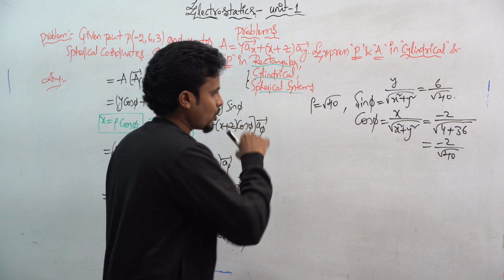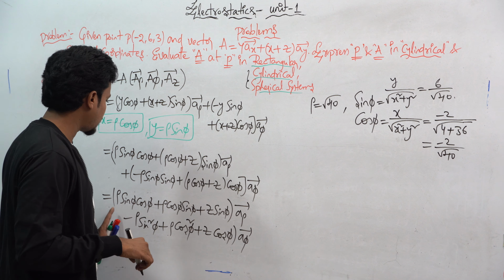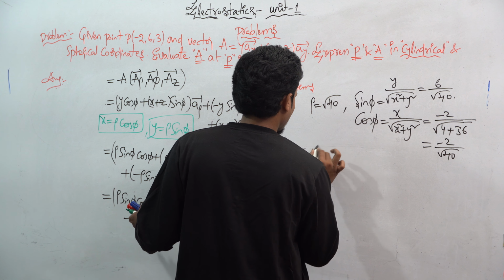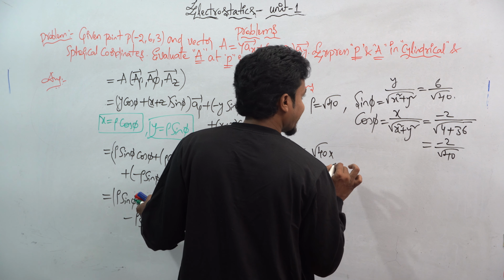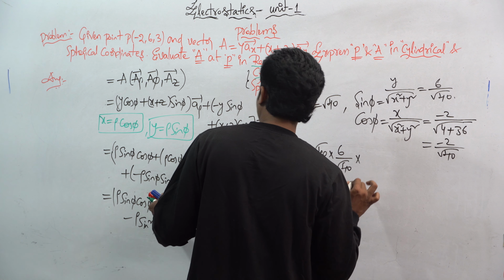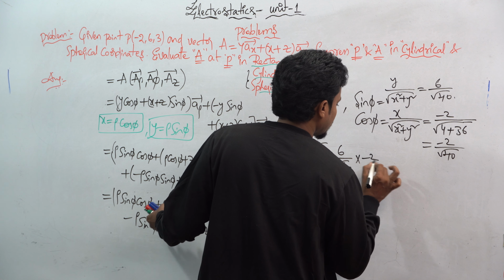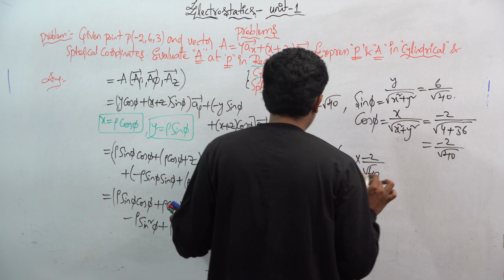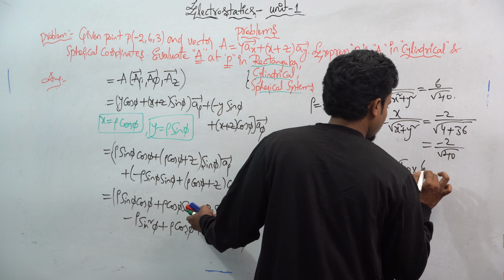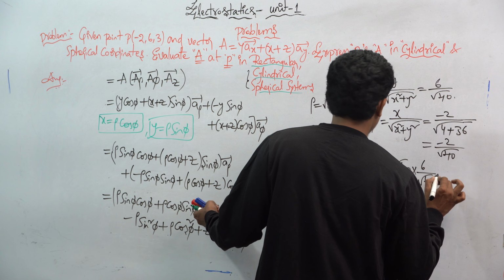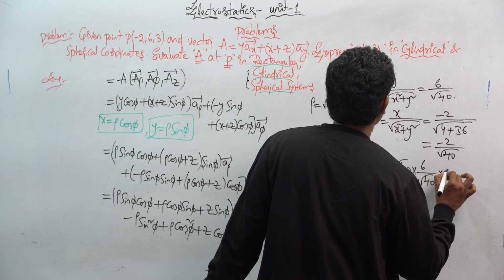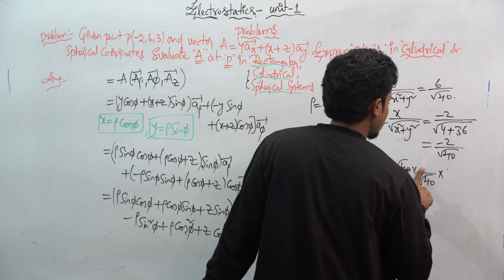Okay, if you have all of your values, put them in this equation. ρ is root 40, into sin φ, which is 6 divided by root 40, into cos φ, which is minus 2 divided by root 40, plus root 40 into cos φ, with sin φ being 6 divided by root 40 and cos φ being minus 2, right?